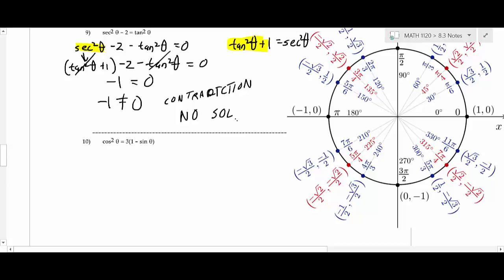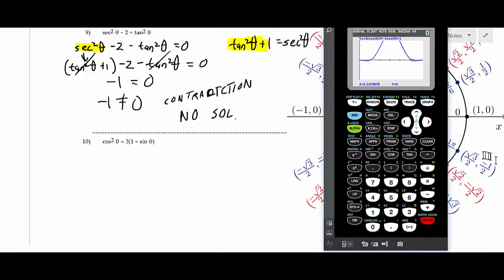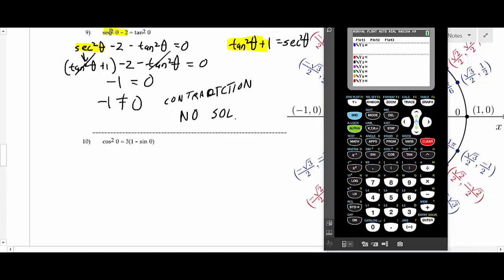Now, if you tried to graph that on the calculator, I do want you to do something with your calculator on this because it'll help you understand something that's kind of an important connection to make in geometry. So I'm going to graph this like this. I'm going to have you put the left side in your calculator.